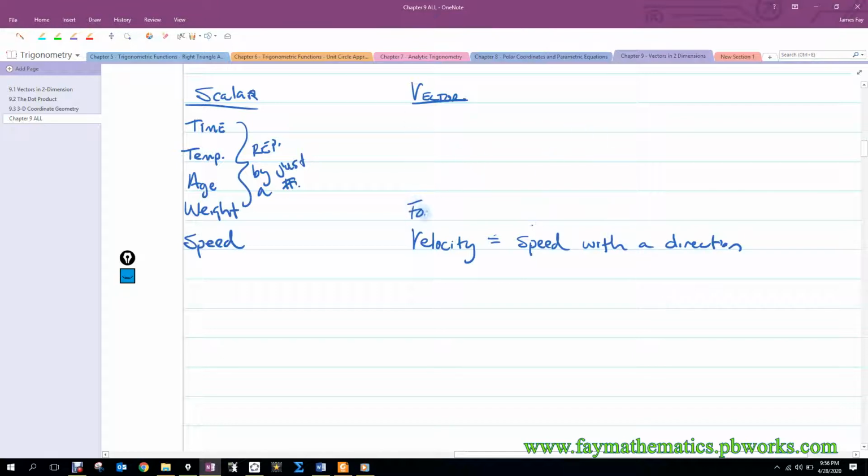We talk about forces like gravity. We know it's 9.8 meters per second squared. But that is represented by a vector because it's a force downward. Here's the scalar portion of it, here's the quantity, and then down would be the direction. Acceleration is a vector.